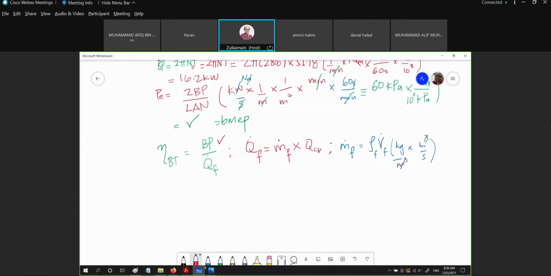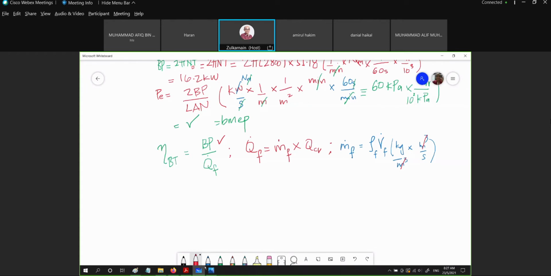That is the unit that we want, because when we work in kilogram per second, we get Q dot F in kilowatt, which tallies with the BP unit, also in kilowatt.